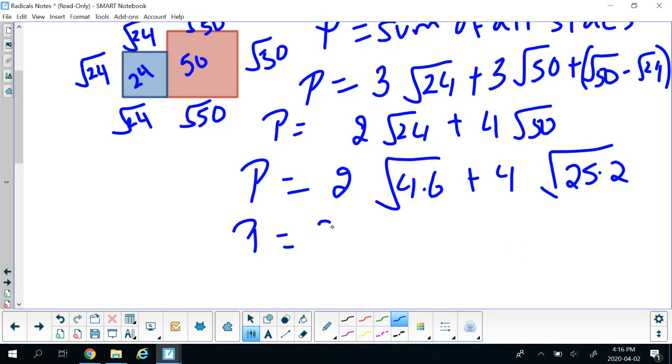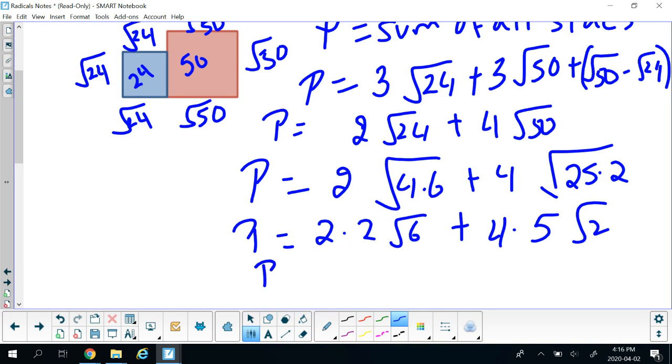Okay. Square root of 4 is 2. Square root of 6 is as it is because we cannot find the square root of 6 as a whole number. Square root of 25 is 5. And square root of 2 is as it is. This becomes 4 square root of 6 plus 20 square root of 2. So this is our answer.